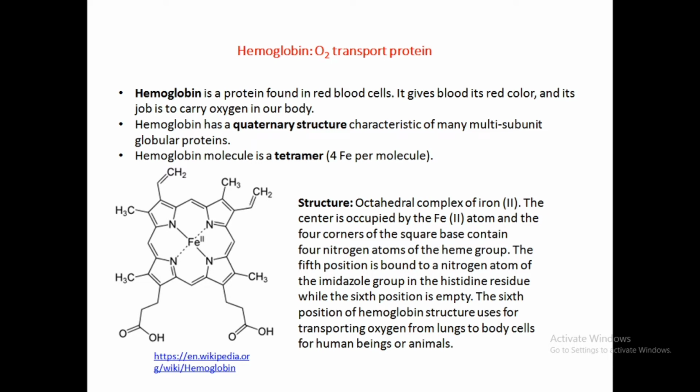Hemoglobin has a quaternary structure characteristic of many multi-subunit globular proteins. Quaternary structure refers to the structure of a protein. We are aware that proteins have primary structure, secondary structure, tertiary structure, and then comes the quaternary structure. The most important point to note here is that the hemoglobin molecule is a tetramer.